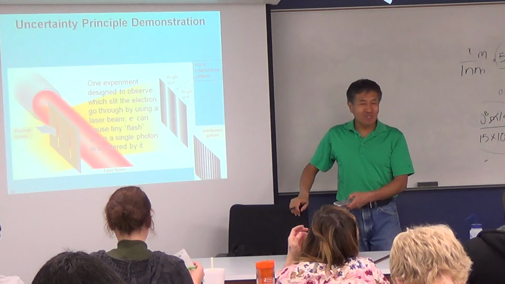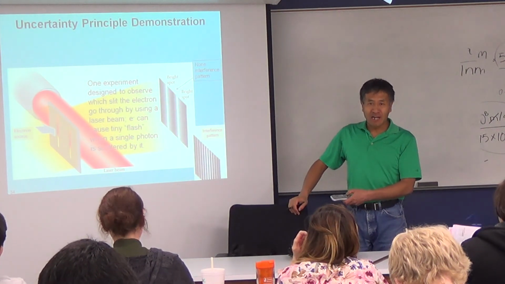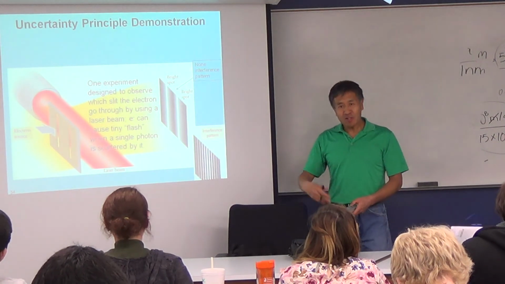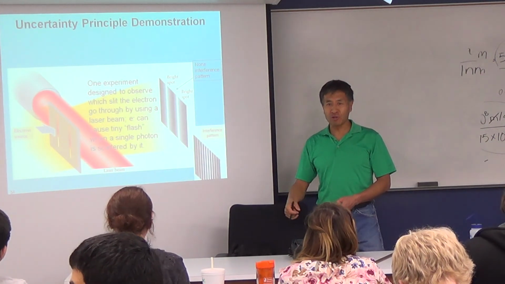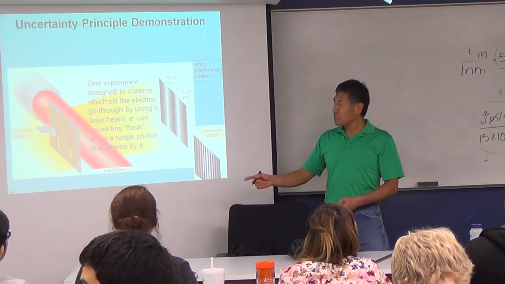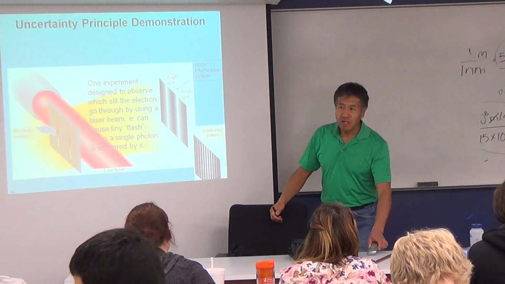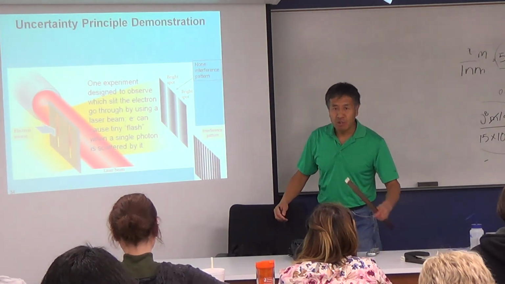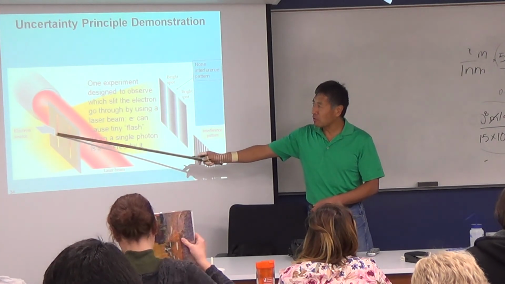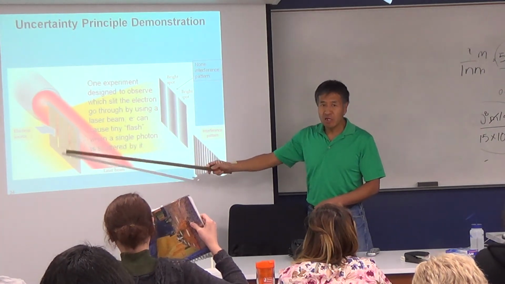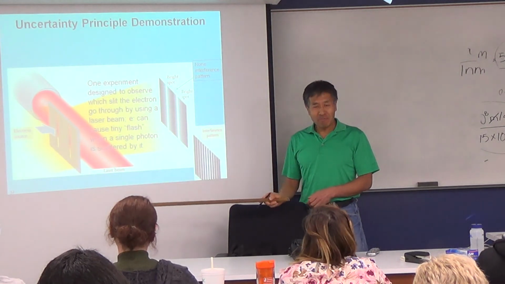What is interesting is, if you try to detect the behavior of the electrons, this is where you see the uncertainty principle. You see a pattern like this, then you wonder, if you have 1 electron, where does it go, does it come through this slit or this one? You can measure that.